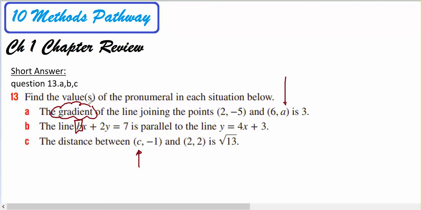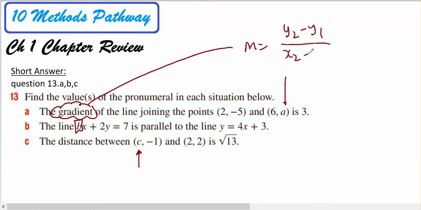And I know that m will equal y2 minus y1 over x2 minus x1. I know x1, I know y1, I know x2, I don't know y2, and I know the gradient.